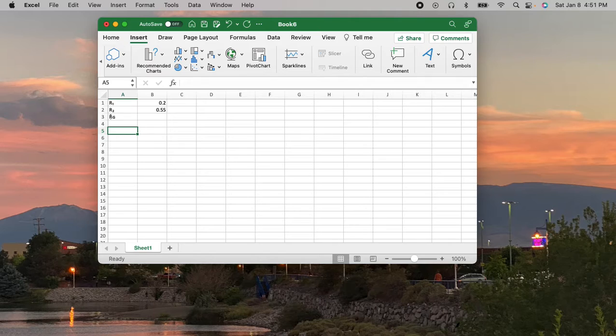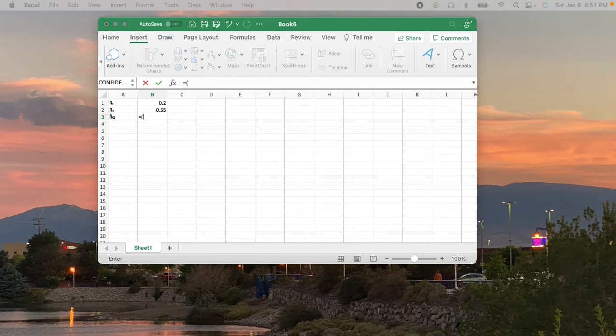Looking at the formula, we know that RG is going to equal, and we're going to open 3 parentheses.